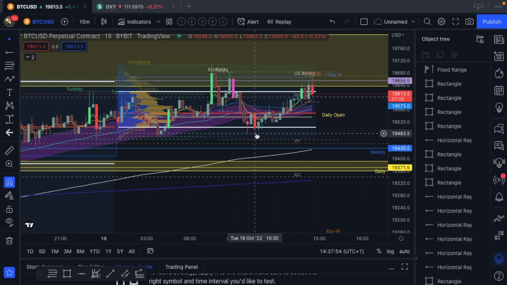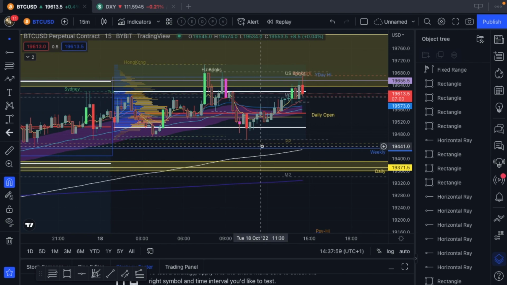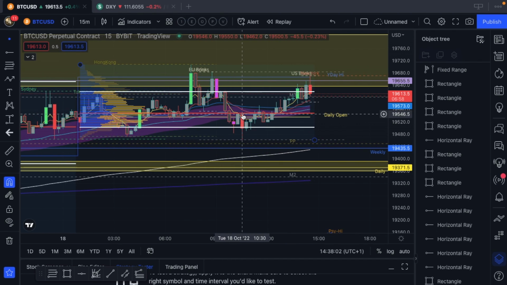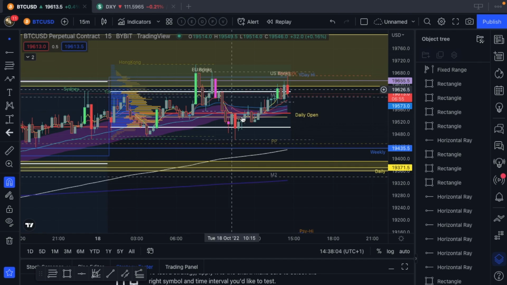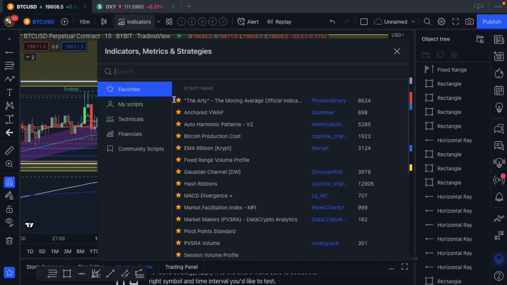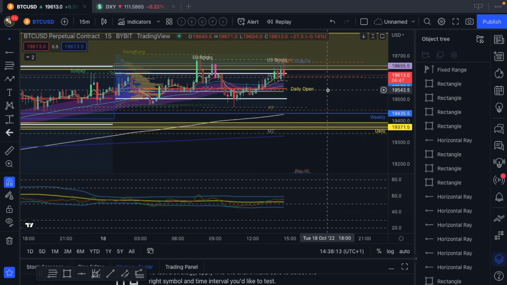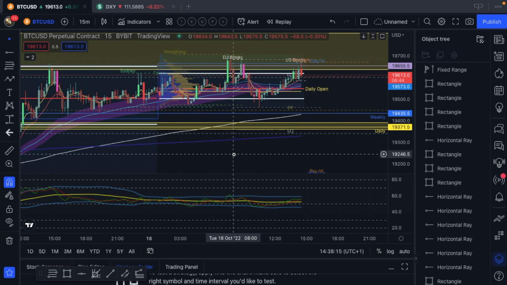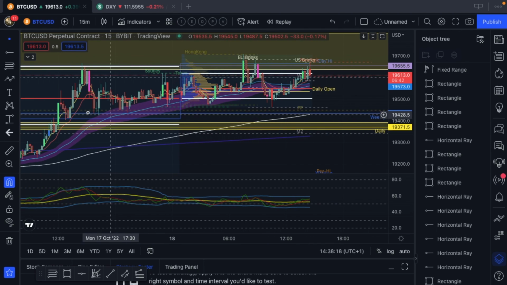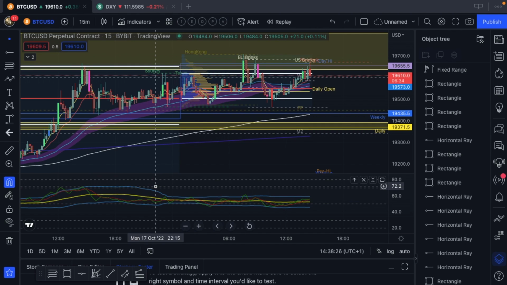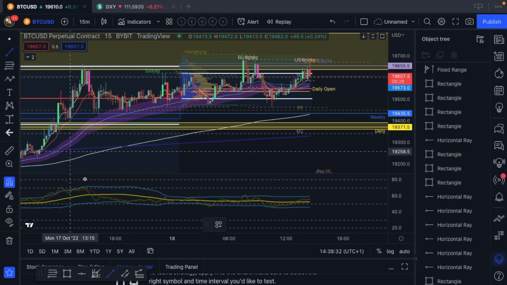I thought about taking a long here, especially because the pivot is right here, and we had this red vector, but this is getting a bit sketchy for me right now, so I'll show you more confluence here with the beautiful TDI. Okay, so if we look at this first high and this second high, you've got massive bearish divergences, right? So what do I mean here?